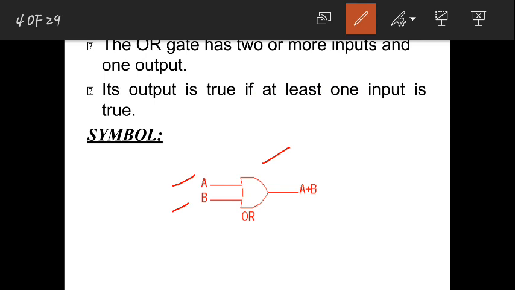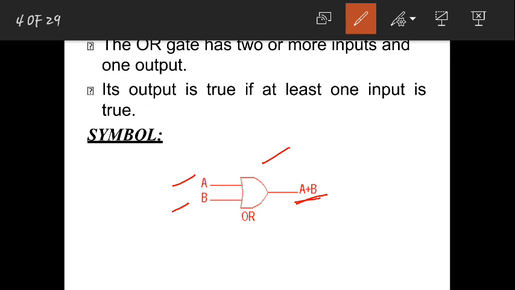A can be 0 or 1, B can be 0 or 1. When I apply the OR operation, the output is A plus B. So A is ORed with B.